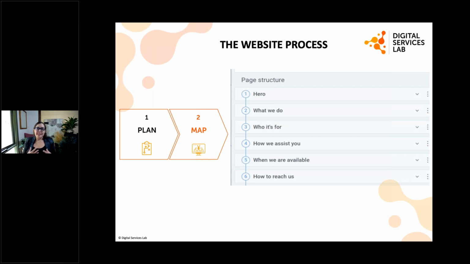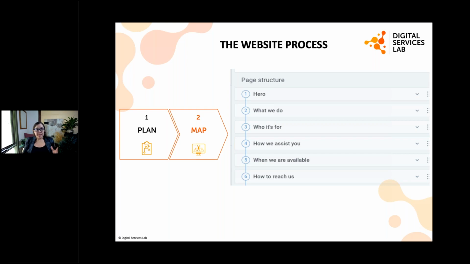So you need to think for every page: what information needs to be on this page? What do you want to tell your visitors on this page? And what action do you want them to take at the end of the page? So in a website, you are actually guiding people to the next step. They either take that step or they don't, but your job is to show them what you want them to do next. And that's a completion phase.